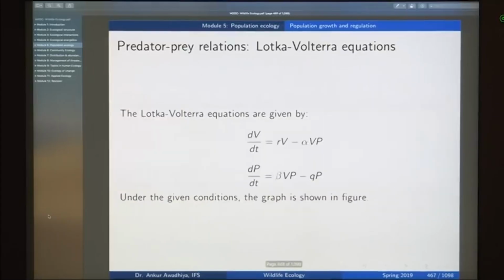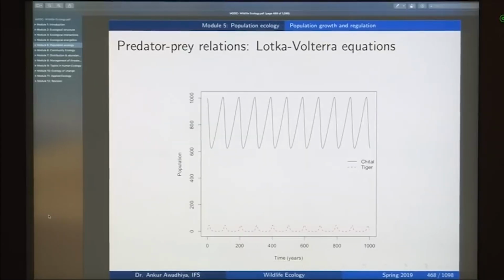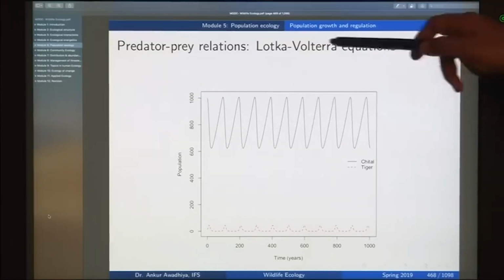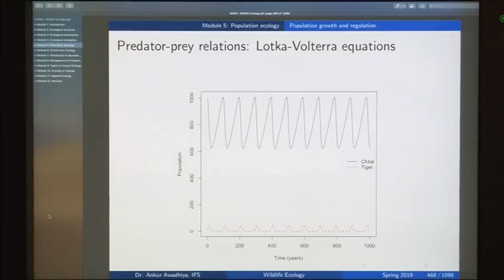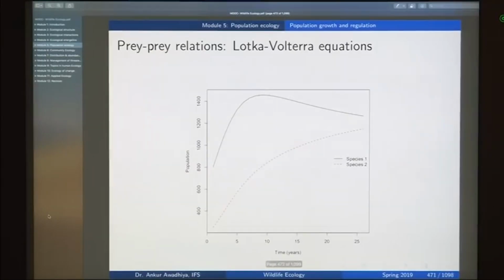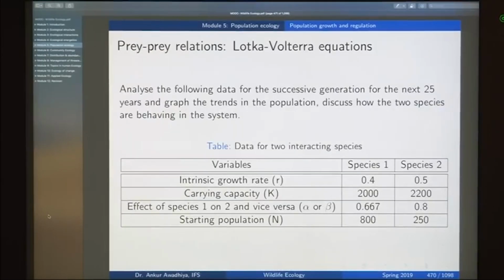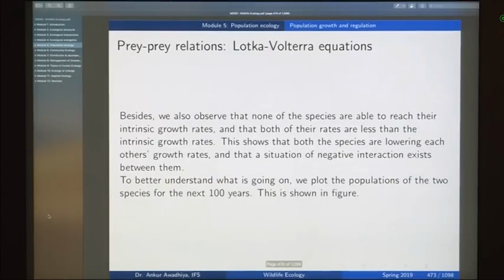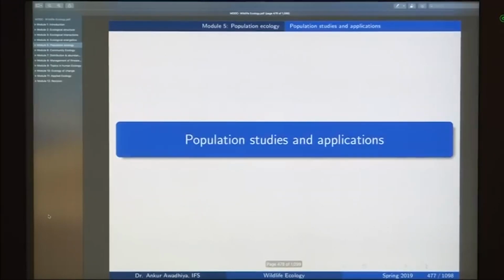So, if you put both of these together, you will get to a situation where both the prey population as well as the predator population undergo cyclical movements. And we can also make use of these Lotka-Volterra equations to look at the impacts of two different organisms on each other, say two different herbivores on each other, and we looked at this numerical example as well.